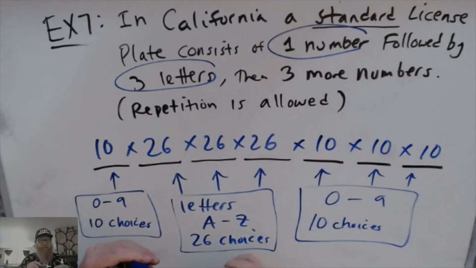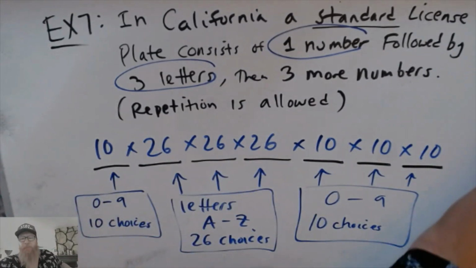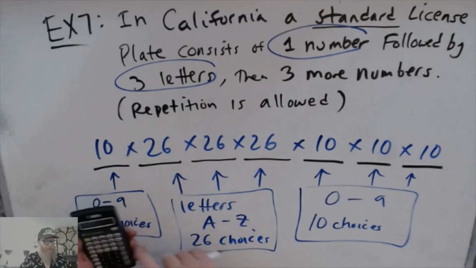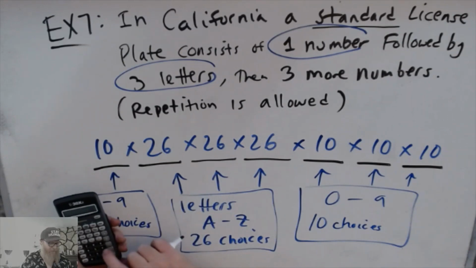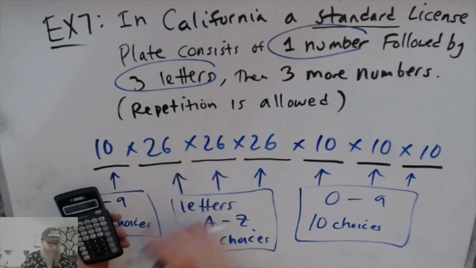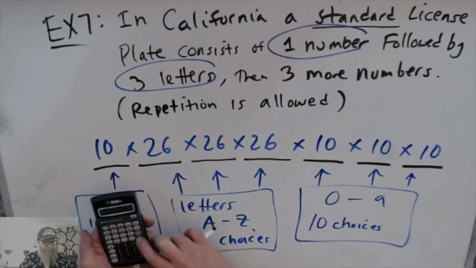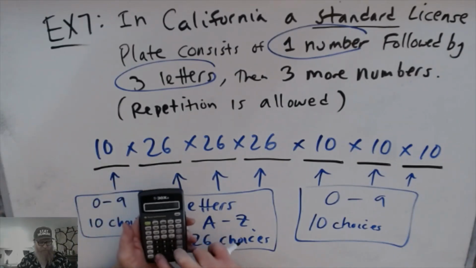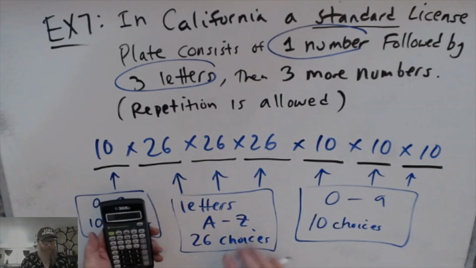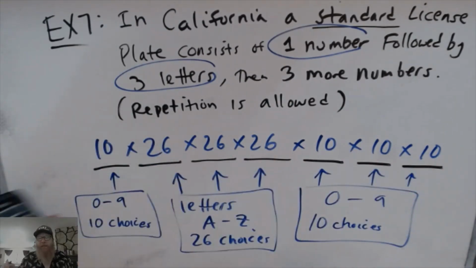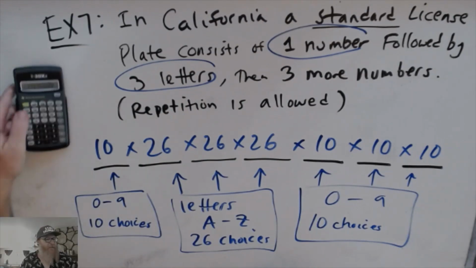So this is a lot of different license plates. How many different possibilities are there? Definitely want a calculator for this. 10 times 26 times 26 times 26 times 10 times 10 times 10. You could have probably made this a little easier by grouping together the 10s and grouping together the 26s, but I already did it.